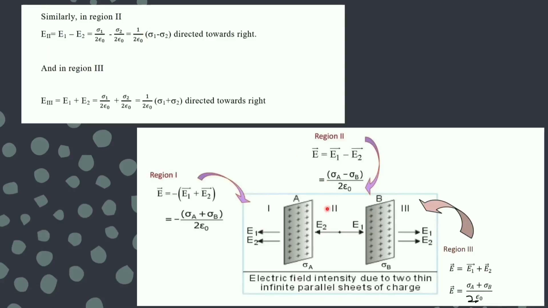If I write sigma 1 equals plus sigma and sigma 2 equals minus sigma, this is my supposition, then what will be my result in the three regions? Here you will get sigma minus sigma, which means 0.